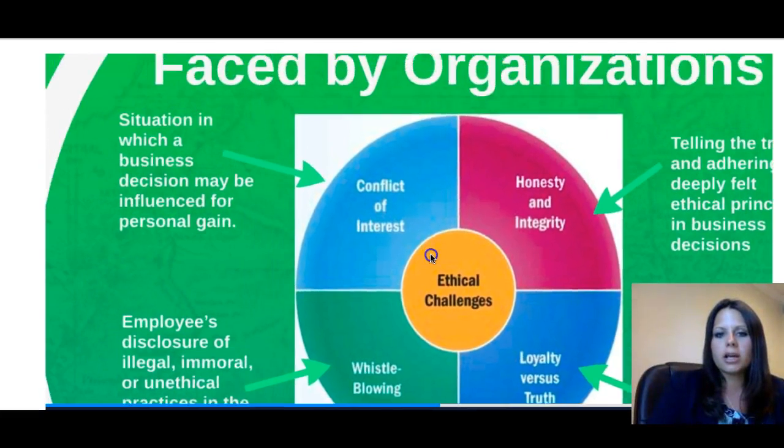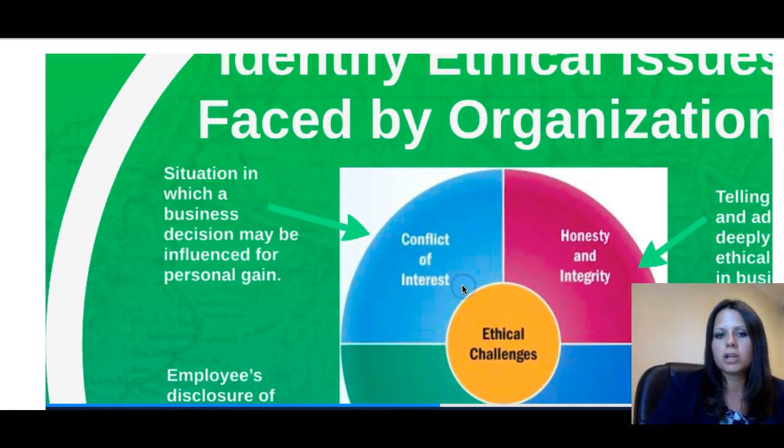Now the first area, a conflict of interest, is a situation where a business decision may be influenced for personal gain. Okay, so for example, if a professor of yours decides to write their own textbook and then requires students to use that same textbook in class, some would say it's a conflict of interest.